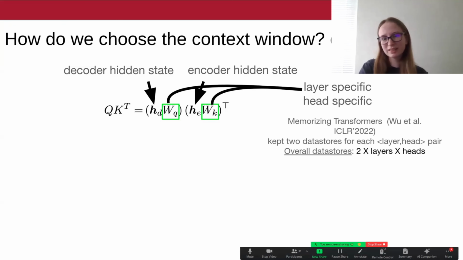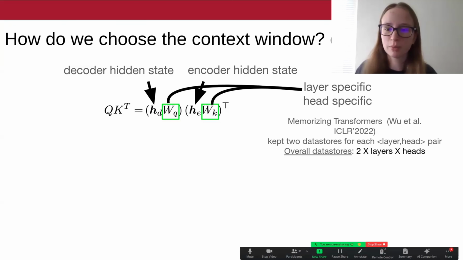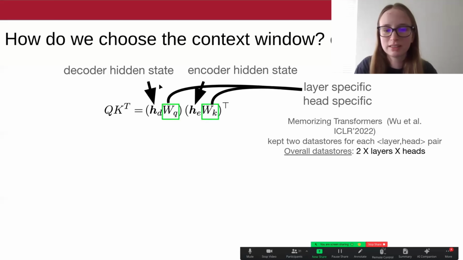What had been previously done in this area is, if you wanted to add some kind of retrieval or memory to your model, you keep a data store of keys and a data store of values. You'd search into your key data store to determine which individual keys to pick, and you'd retrieve the values that correspond to those. This is the reasonable first thing to do, but the problem is that you need to keep a data store for keys and a data store for values for each individual head you want to apply attention at.